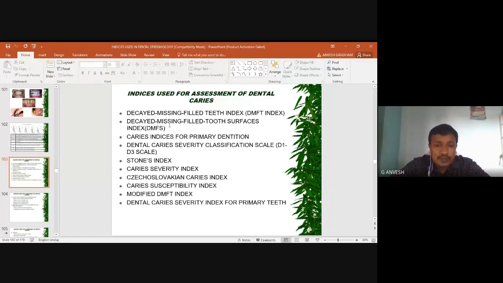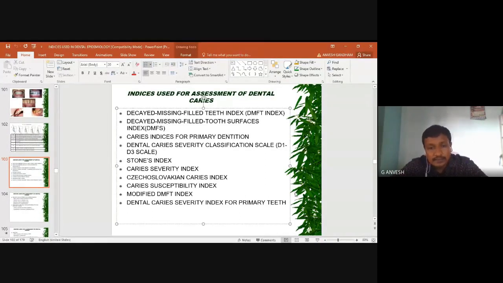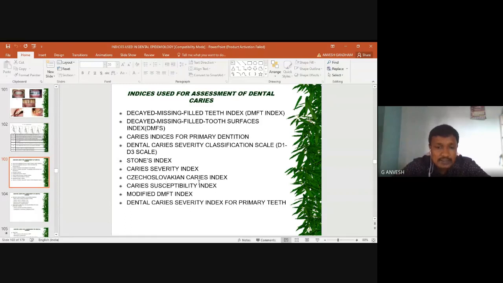The fifth one is Stones index, Carey severity index, Czechoslovakian caries index, Carey susceptibility index, modified DMFT index, and dental caries severity index for primary teeth. So these are the commonly used indices for different conditions.